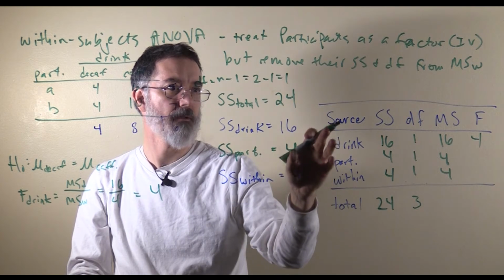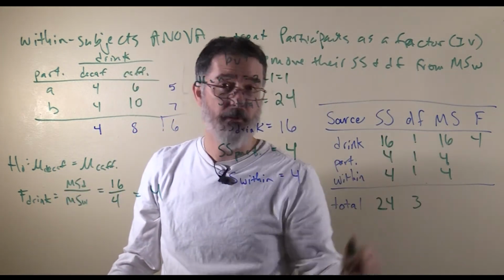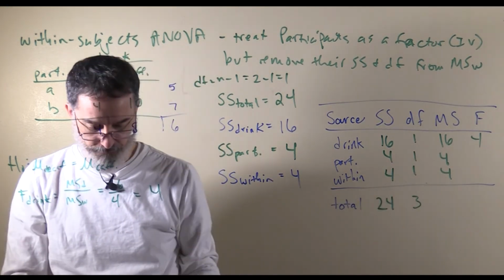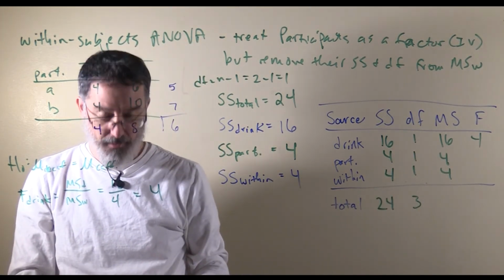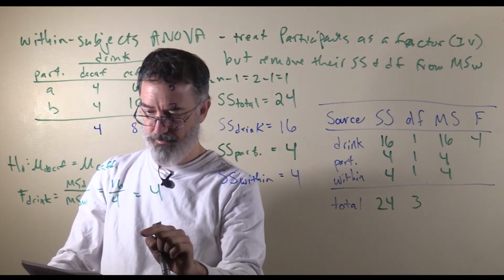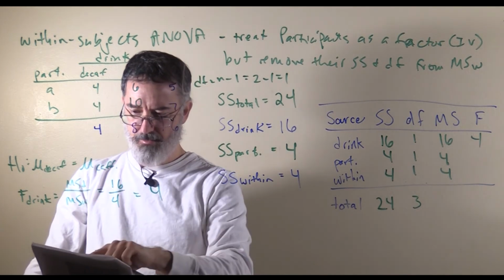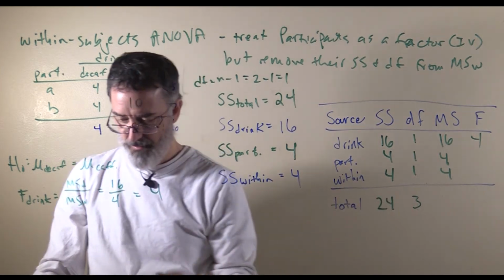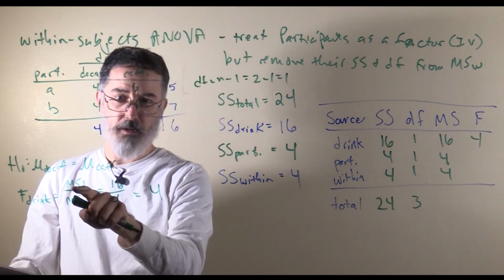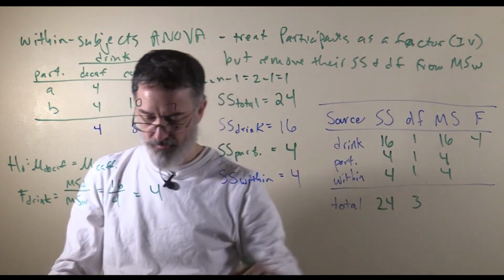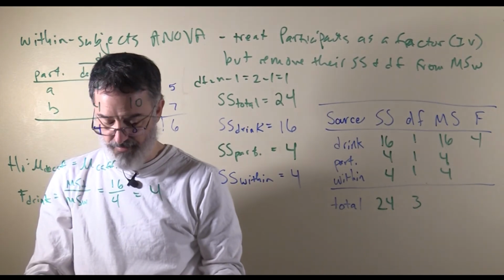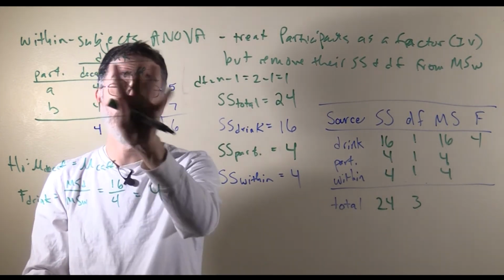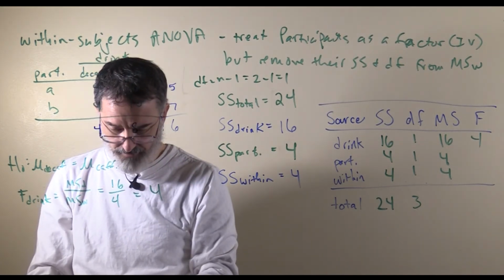So we need to decide whether or not we can reject this null hypothesis based on this F statistic. So I look in my F table, and I need the degrees of freedom in the denominator. So there was 1 for the mean square within, and then for the numerator, it also had 1 degree of freedom. That's not the kind of situation you'd usually have in real research, but for this really simple example, we hardly have any participants.